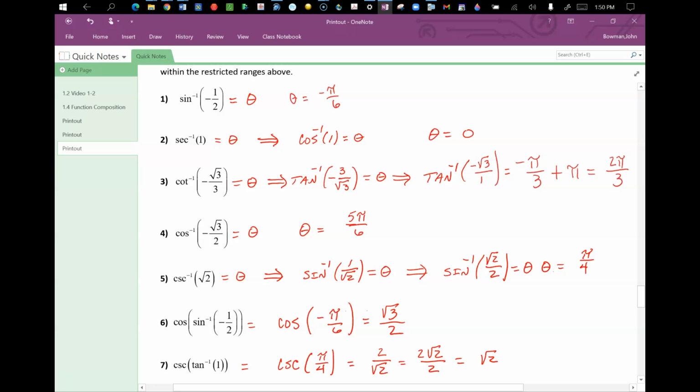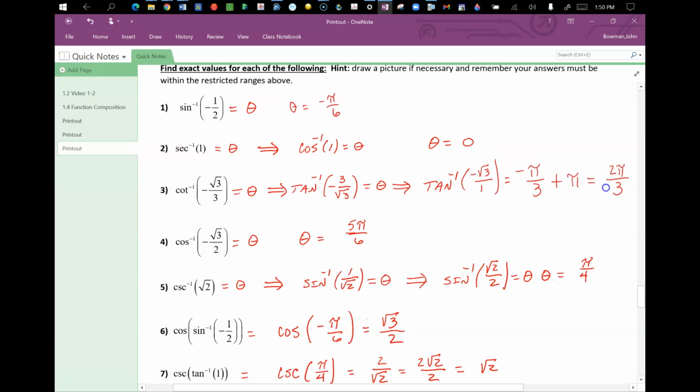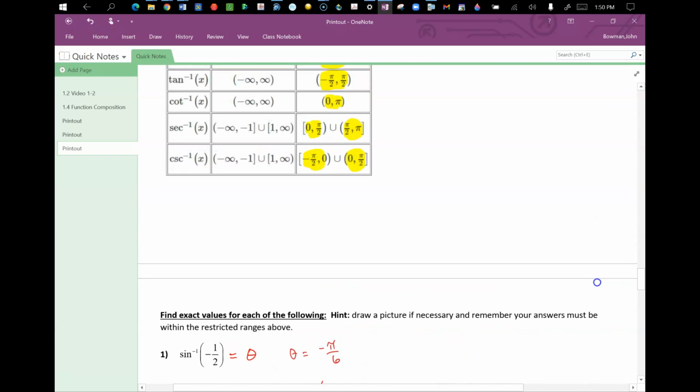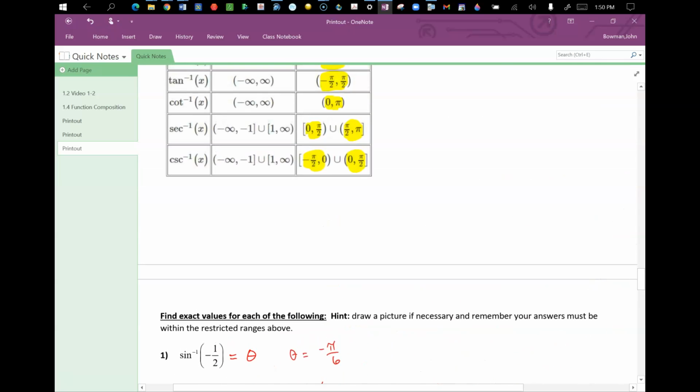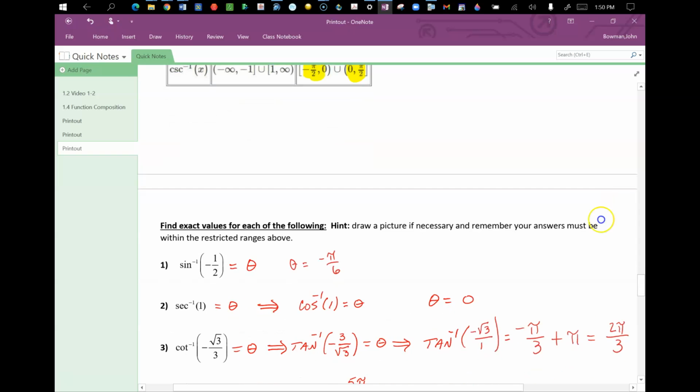Inverse cosecant of root 2 is similar to inverse sine of the reciprocal of that, 1 over root 2, which is the same as the inverse sine of root 2 over 2, which is pi over 4. Now we should check and make sure that that angle is within the interval that's allowed for the inverse cosecant. Pi over 4 is allowed for the inverse cosecant.